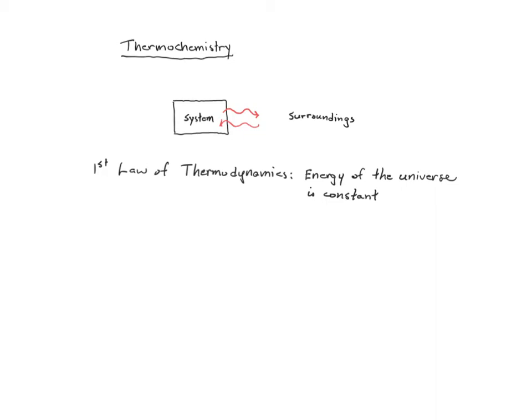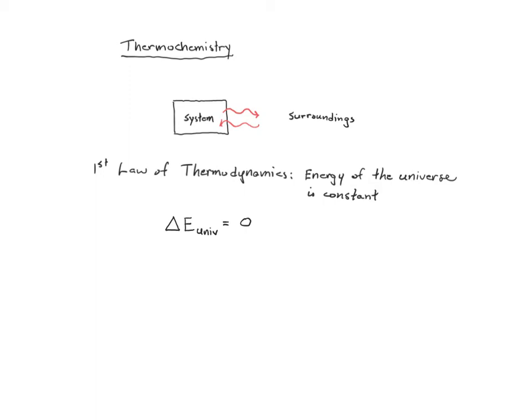So one way that we can formulate this mathematically is by saying that the change in energy of the universe, which we will symbolize as delta E, is equal to 0. Okay, so the energy of the universe does not change. You can't create energy, you can't destroy energy.